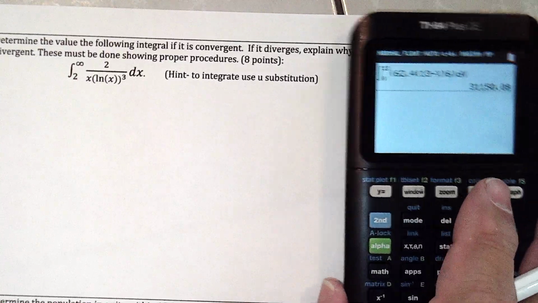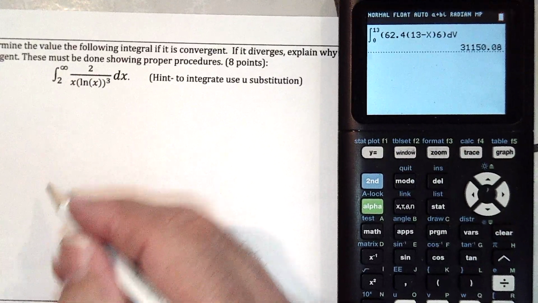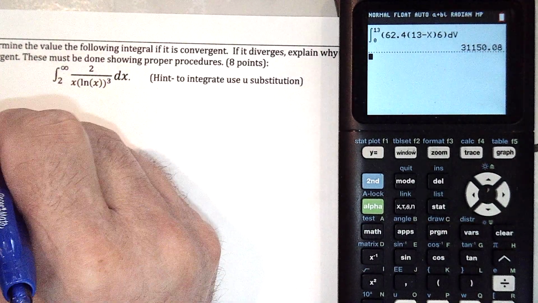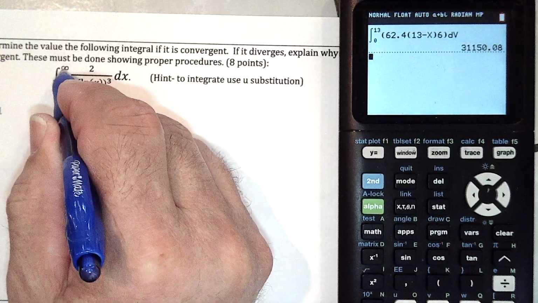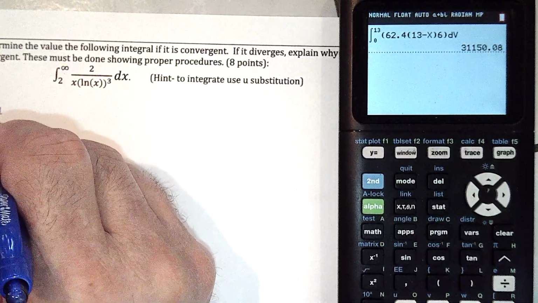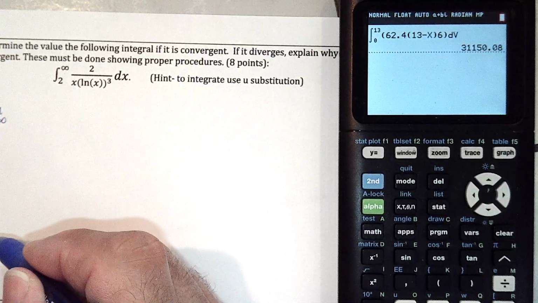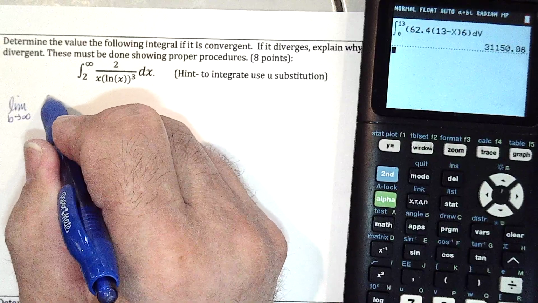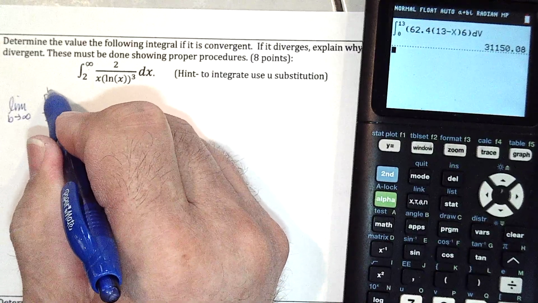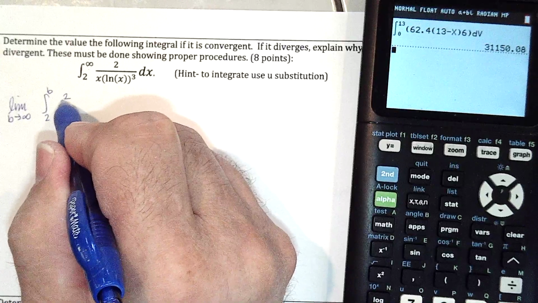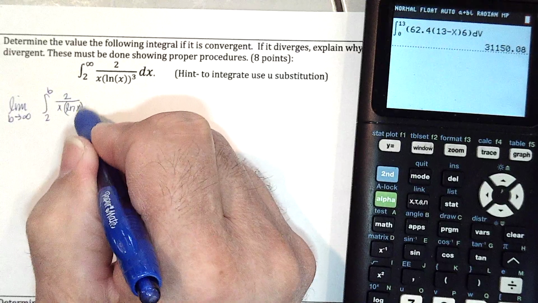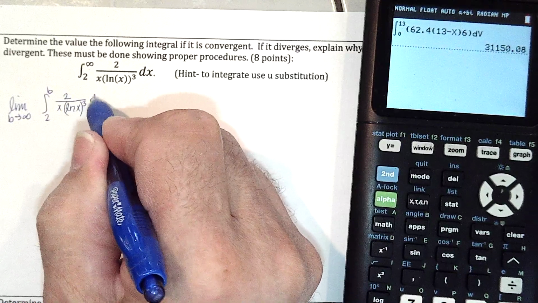All right. 6. This is an improper integral. So we need to do the limit, because it goes to infinity, of b approaching infinity of the integral from 2 to b of 2 over x ln x cubed dx.